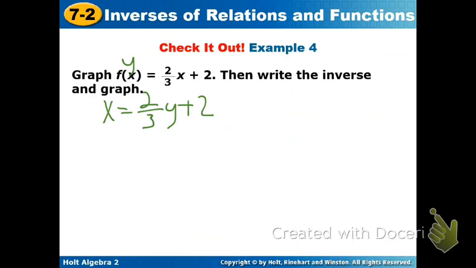All right, go ahead and solve that. All right, so for your inverse, you should have moved over your 2.